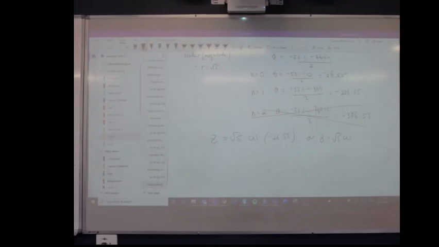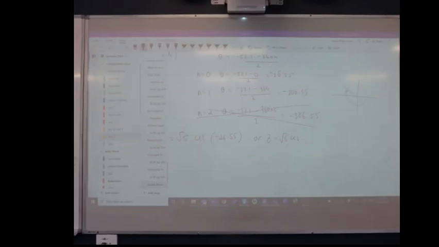Now, let's talk about this minus 206.55. Right? So if I was to draw that minus 206.55, what quadrant are we in? We're in the second quadrant, aren't we? So if I was to write minus 206, that's all the way around there.